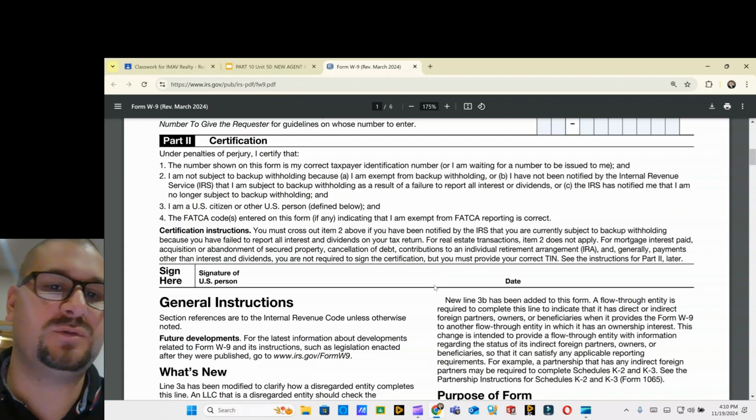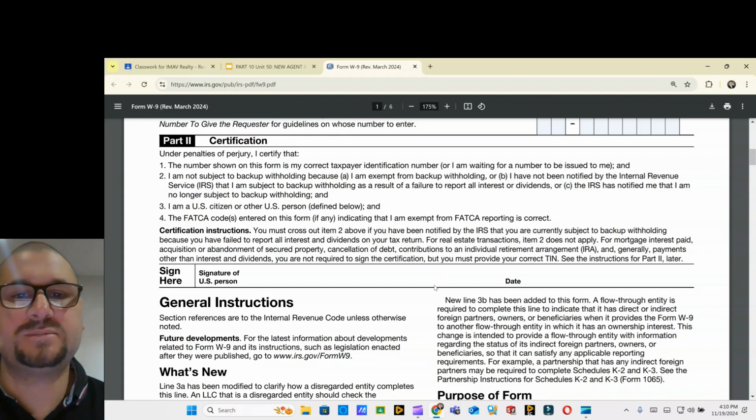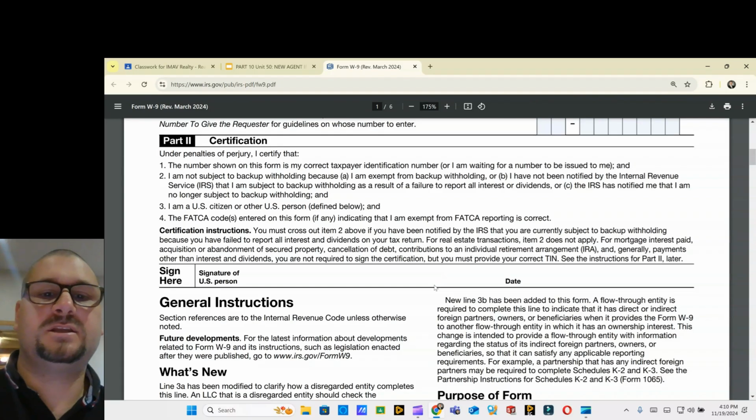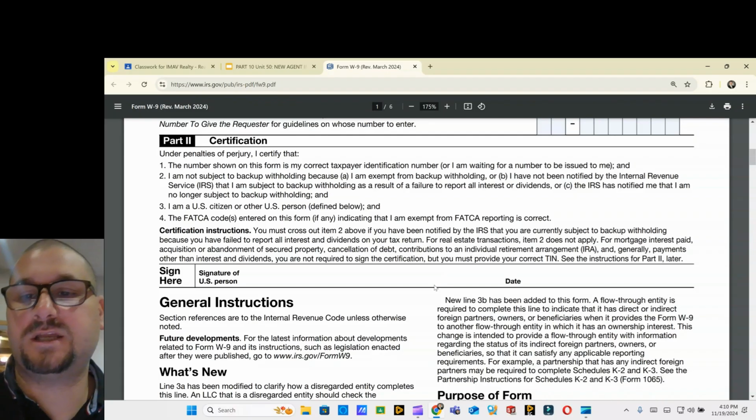Certification instructions. You must cross out item 2 above if you have been notified by the IRS that you are currently subject to backup withholding because you have failed to report all interest and dividends on your tax return. For real estate transactions, item 2 does not apply.